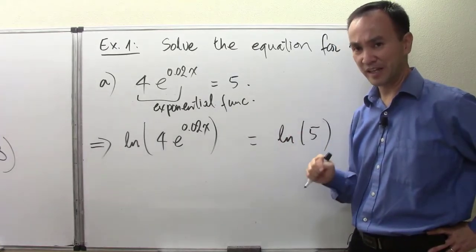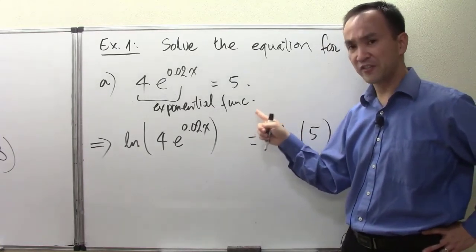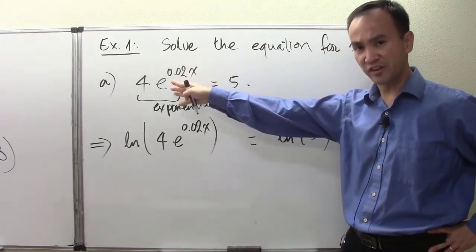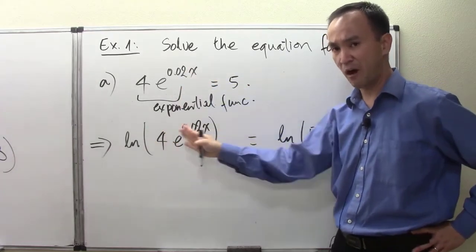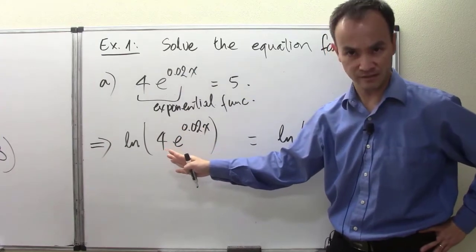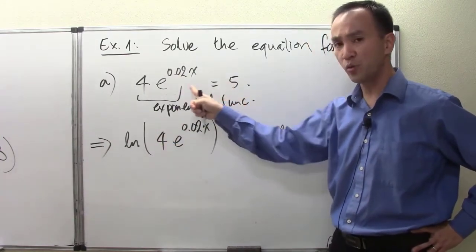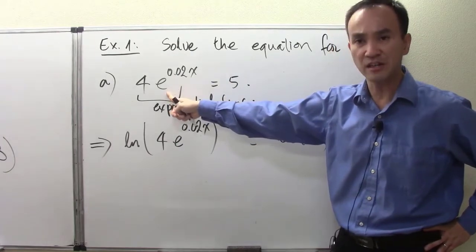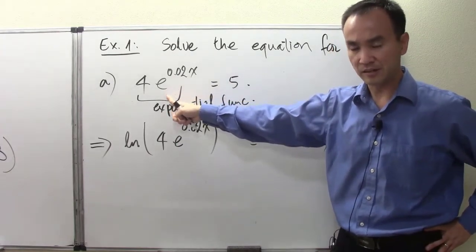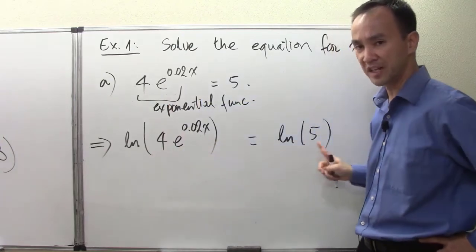As long as we recognize an exponential function involved in our equation, then all of a sudden we realize it becomes a technique, a method, that anytime we're solving an equation where we have an exponential term involved, then simply take the logarithm of both sides.